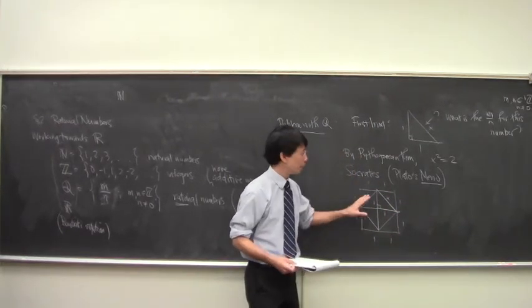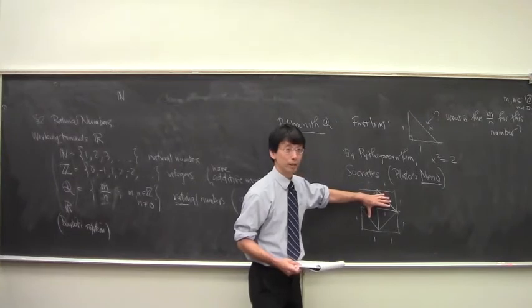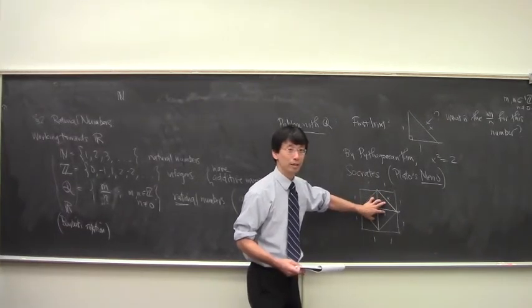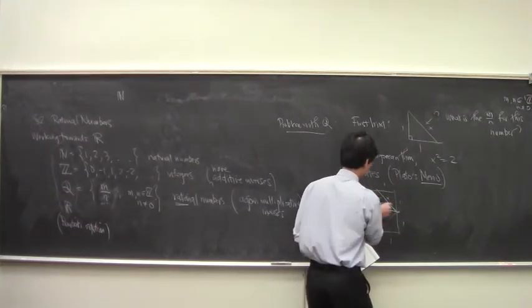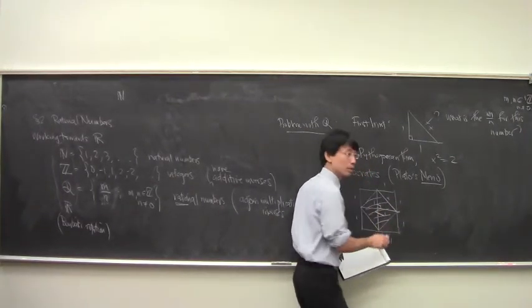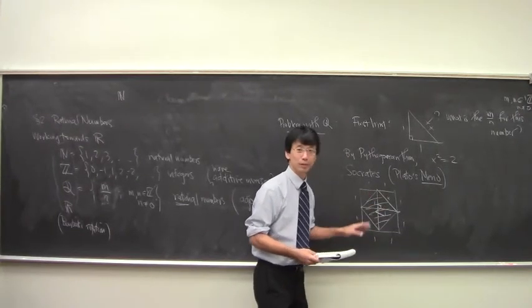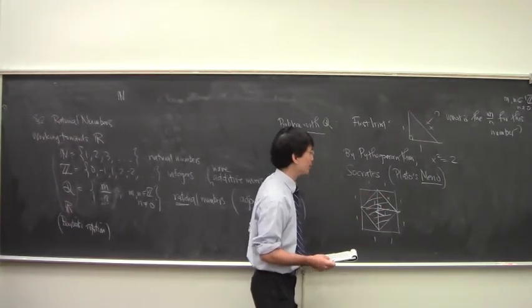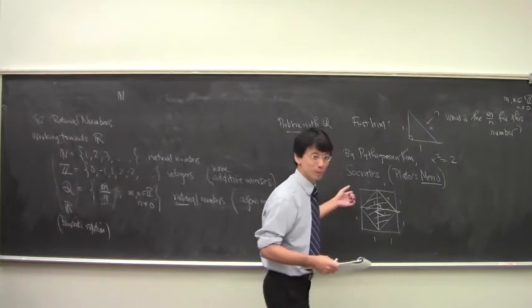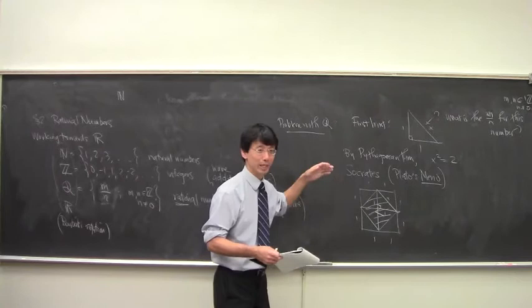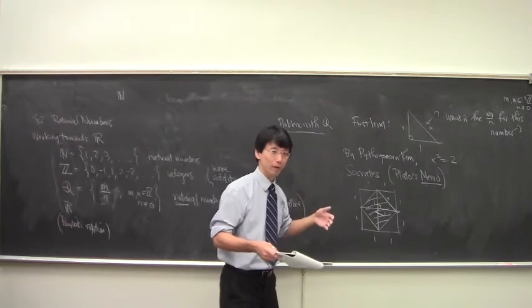If the area of the big square is 4, then this thing is half of that, so the area of this thing is 2. And so x squared is 2. So this is how Socrates argues to Meno that everybody is capable of mathematical thinking.